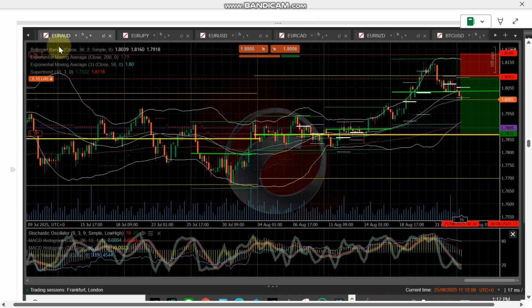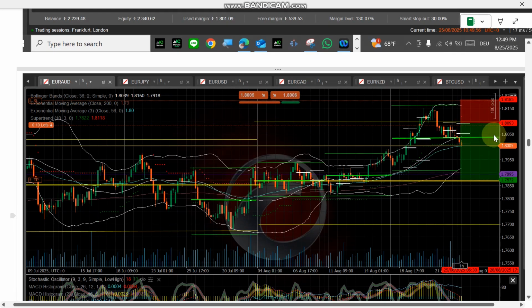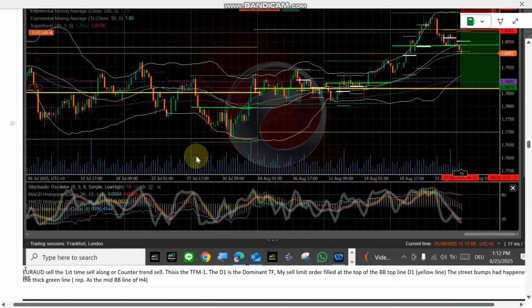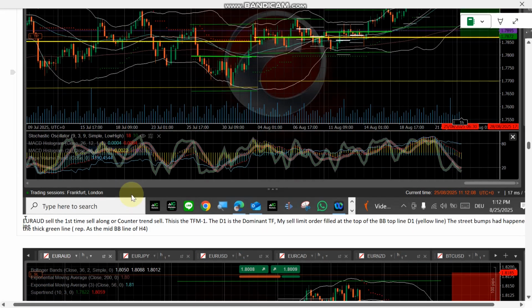And Euro Aussie, to see the detail, I write something down. You can just look at the picture. Here is where I post my position, my stop loss, and my take profit. I watch it run for Euro Aussie.